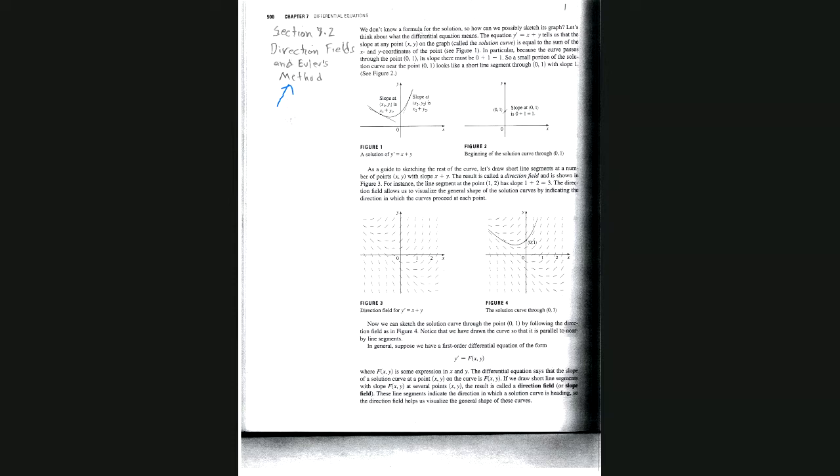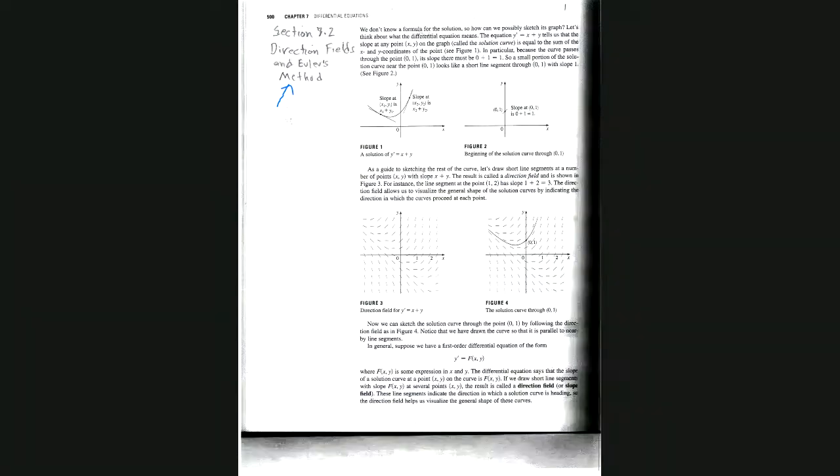And that's what section 7.2 is about. In this section, you're going to learn that you can actually get a visual idea of what solutions look like, even though you don't have a formula for the solution. And this relates to something called direction fields.